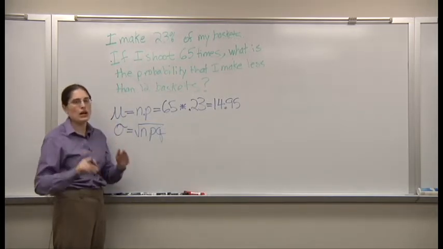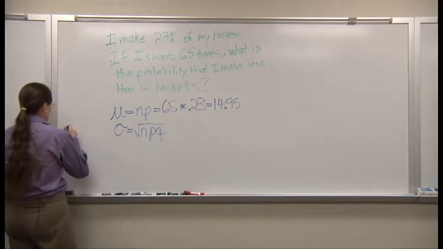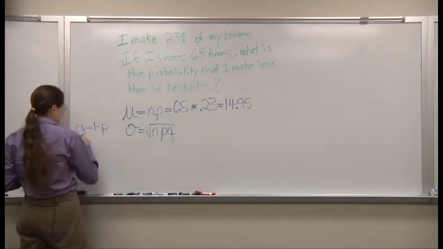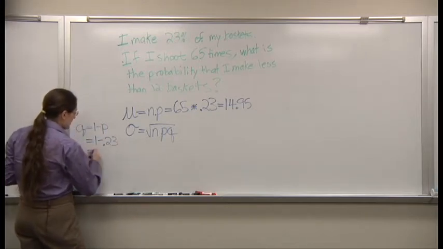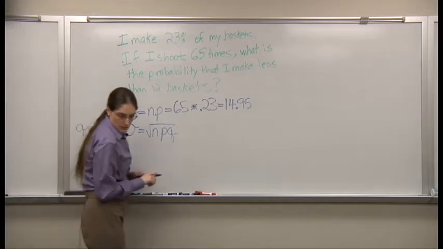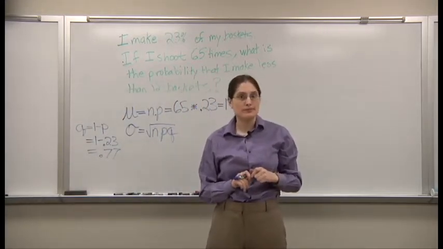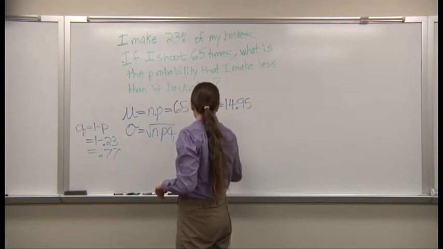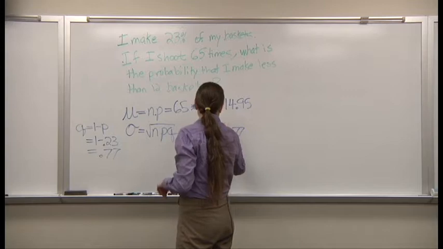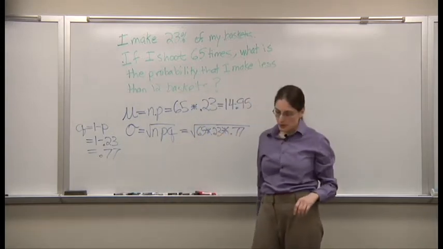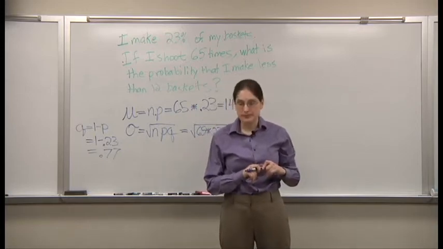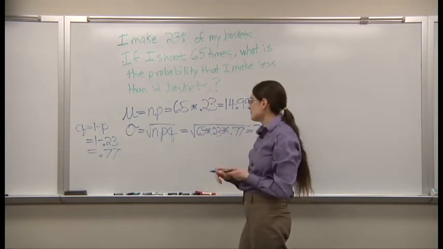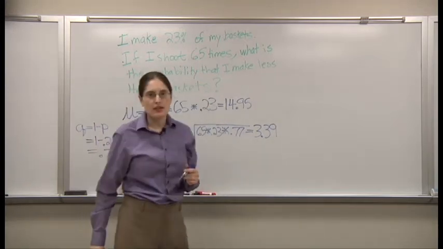What's Q? 1 minus P. So what's Q here? 1 minus 0.23. 0.77 is going to be your Q. So, 65 times 0.23 times 0.77, and then take your square root, 3.39. So we've got the mean and standard deviation.